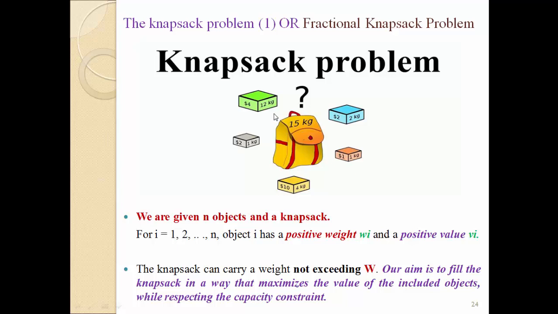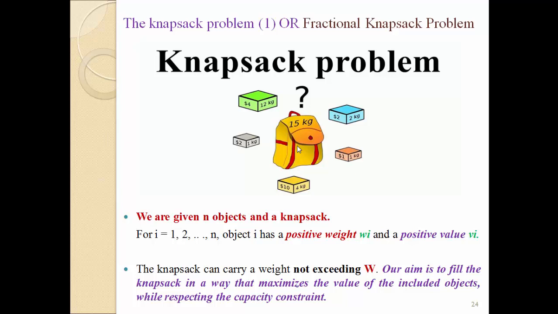So when we fill different objects, at that time we need to check that the total weight must not be more than capital W. In this case 15 kilogram is the capacity constraint of this bag. It means that we cannot fill objects which have a total weight of more than 15 kilogram. So up to 15 kilogram we can fill different objects.